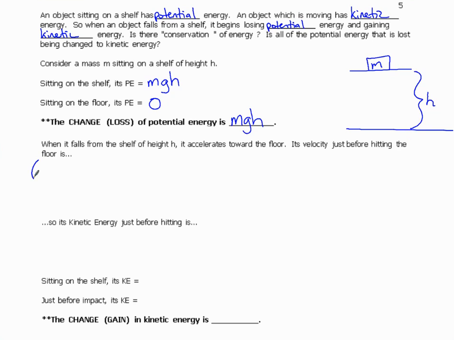We're going to use this formula: final velocity squared equals initial velocity squared plus 2 times the acceleration times the distance. So we know everything here except for final velocity. Since the initial velocity is 0, we can ignore that one and just say velocity squared equals twice the acceleration times the distance.